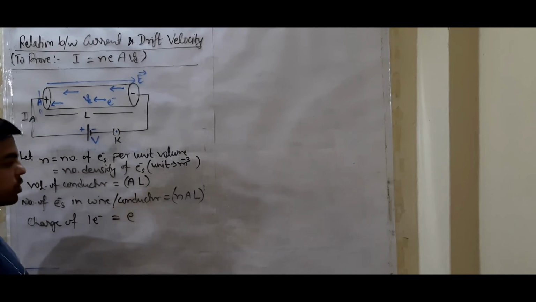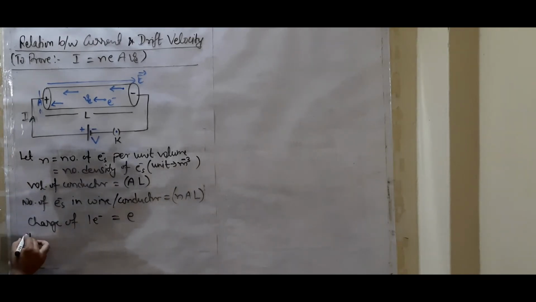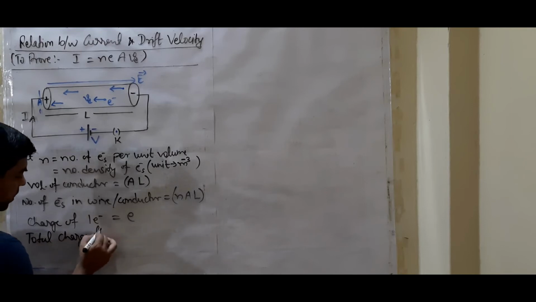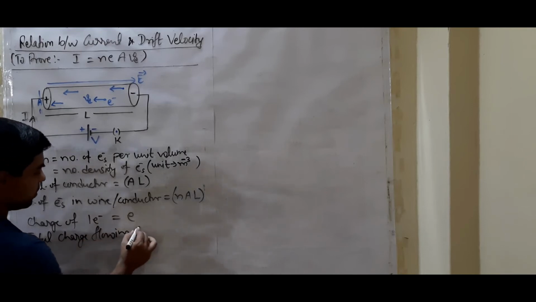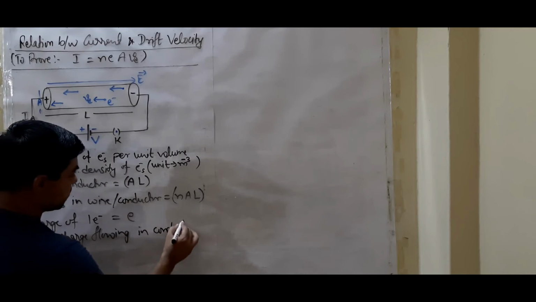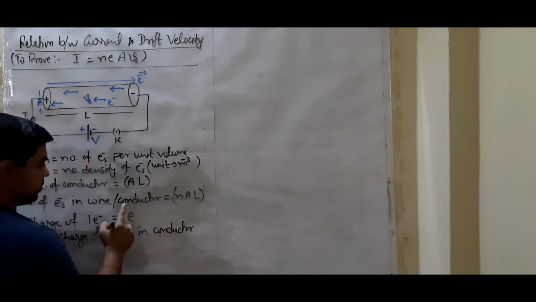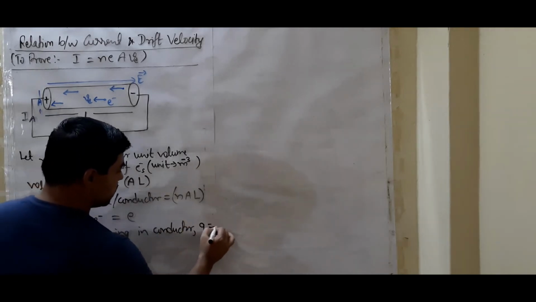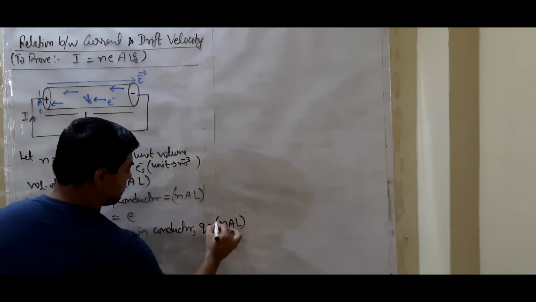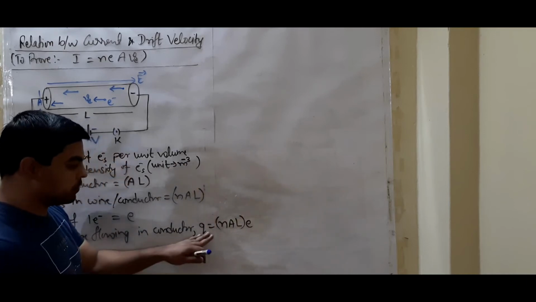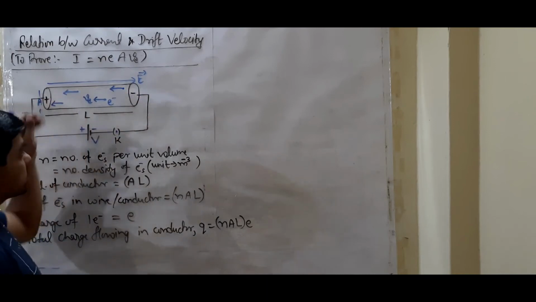For 2 electrons it is 2e, for 10 electrons it is 10e. So the total charge which is flowing in the conductor in the form of free electrons will be the number of electrons nAL multiplied with the charge of 1 electron e. So this will be the charge flowing in this conductor.